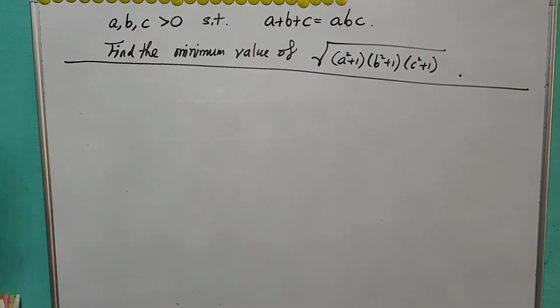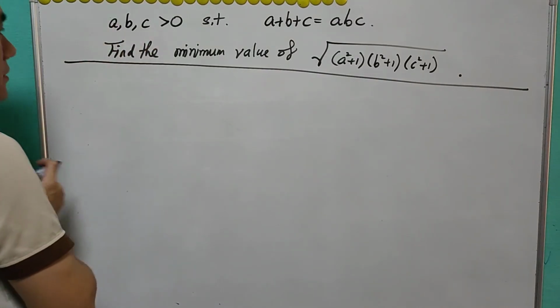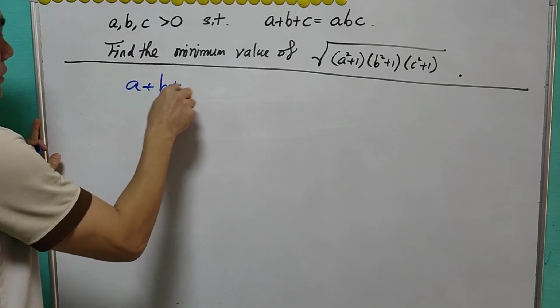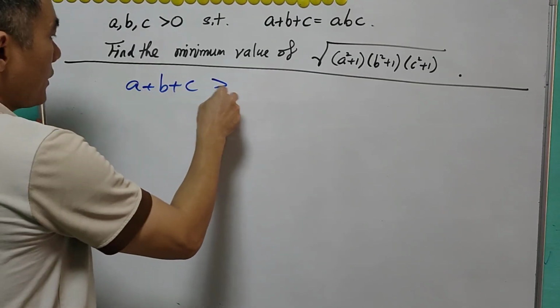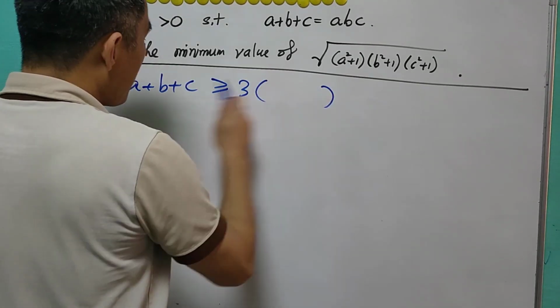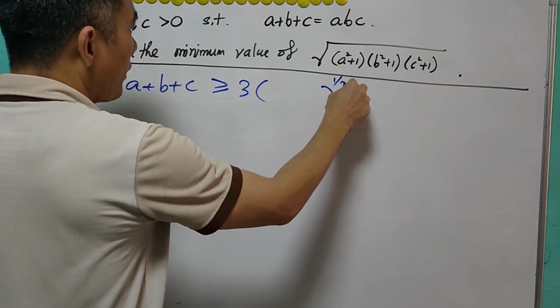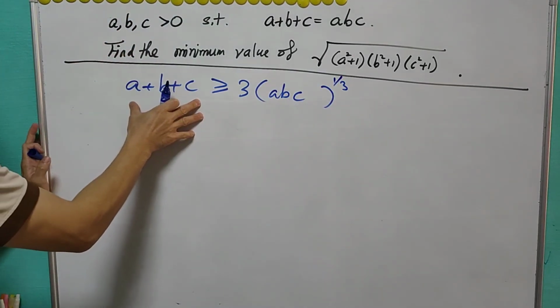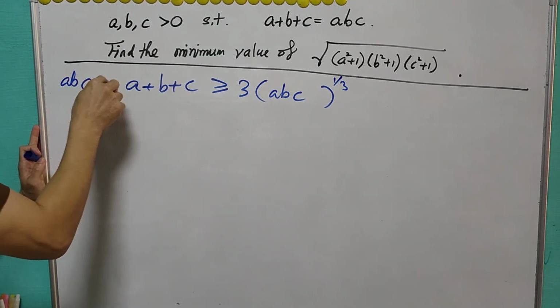Now, the first method is regarding the AM-GM inequality. Since A, B, C are positive real numbers, we know that the sum of A, B, C is greater than or equal to 3 times the product to the power of 1 over 3. The product is ABC, and the sum is also ABC.